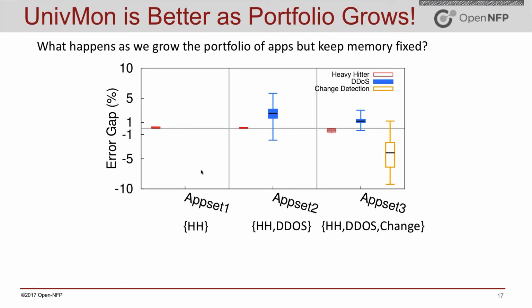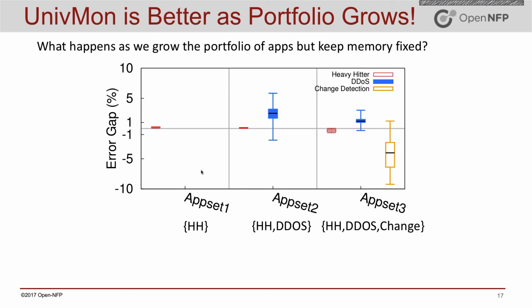But in reality, if you're monitoring a network, you have a portfolio of different estimates and applications you want to run. So what we evaluate here, again a very simple evaluation, is as the portfolio increases with the same amount of memory, what is the difference in error between universal sketches and custom sketches?